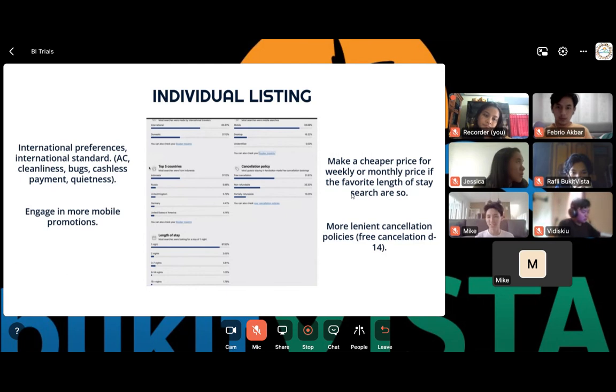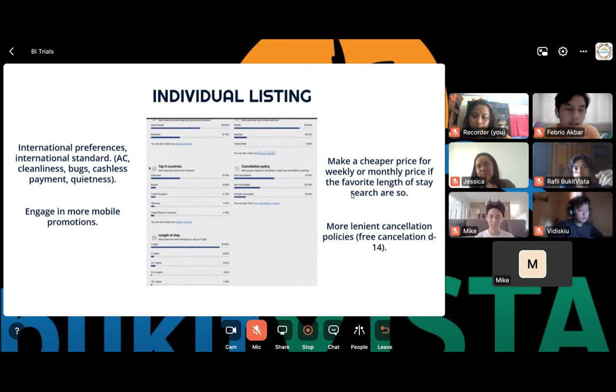So for this particular one, we don't really need to discuss weekly or monthly prices. However, if we find properties that have high demand for monthly or weekly stays, we should take this opportunity to set very competitive prices for weekly and monthly.